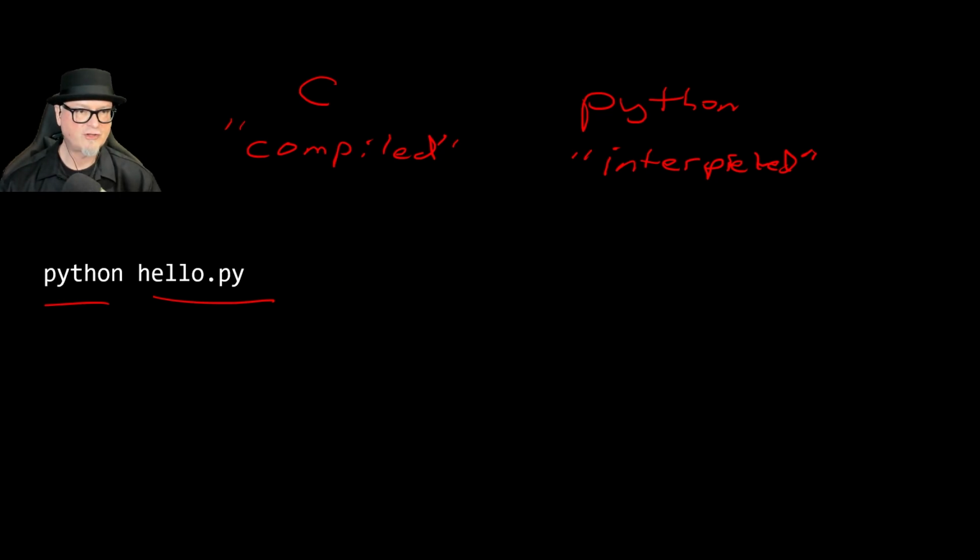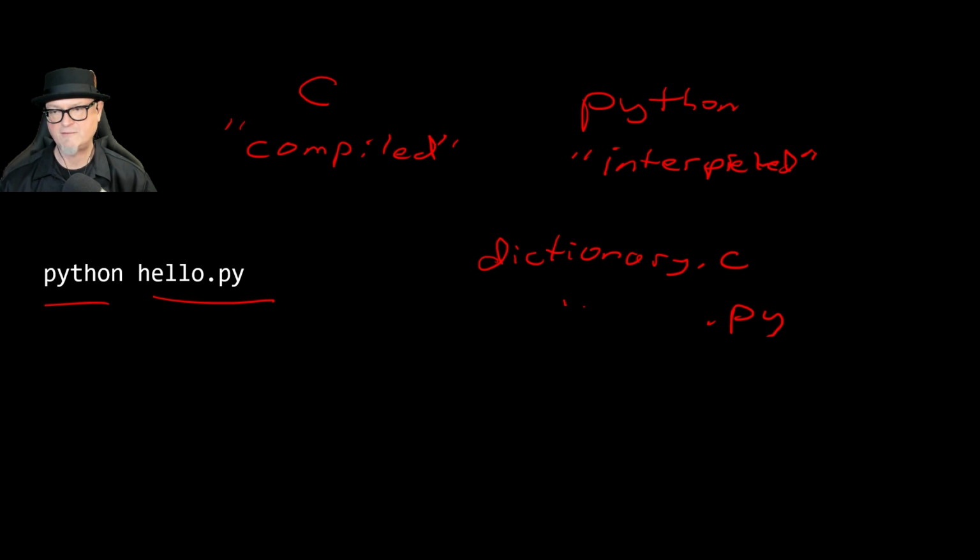If you look in the notes, we compare the dictionary.c code to the dictionary.py code, and you'll see the difference in just the length of the code, but the structure will be just the same. And you could also look at blur.py, like the blur we did a few weeks ago in C. This is in the notes that I go through, so you should have a look at those.